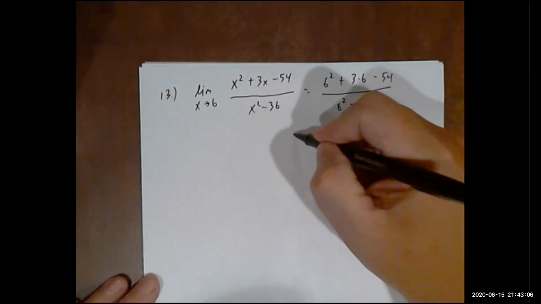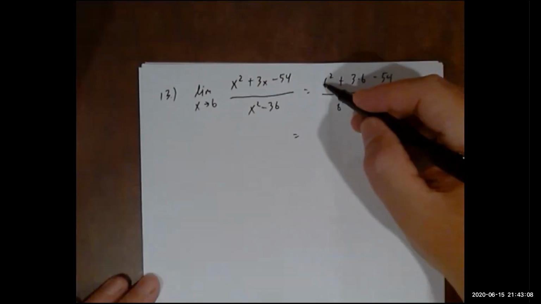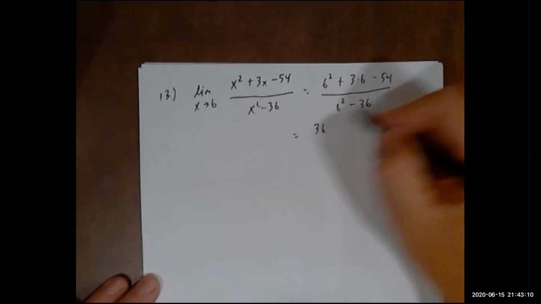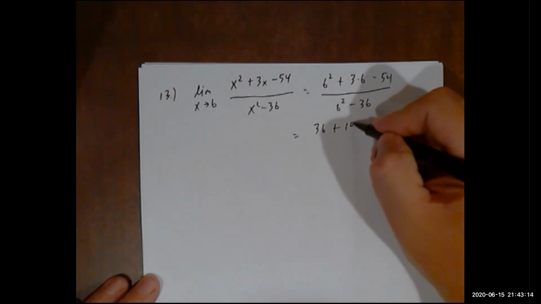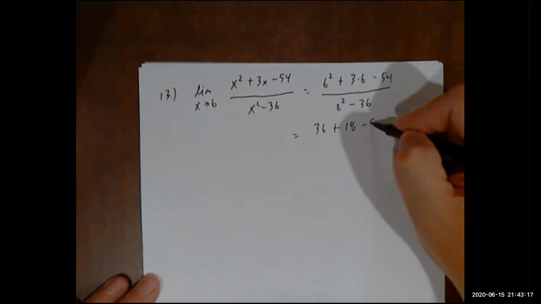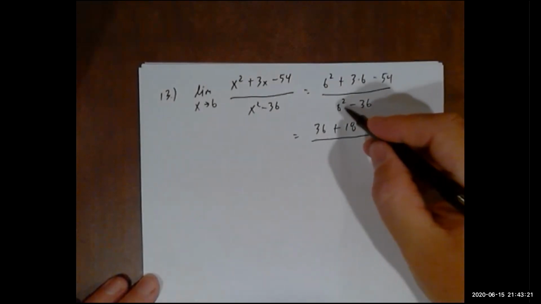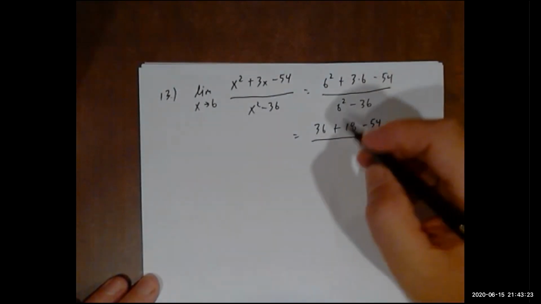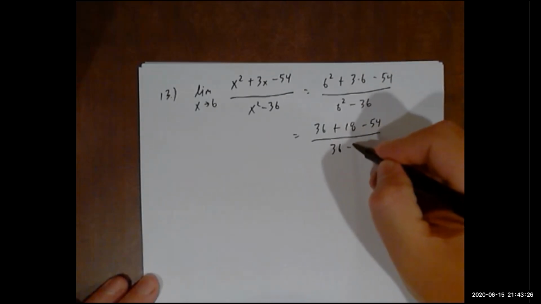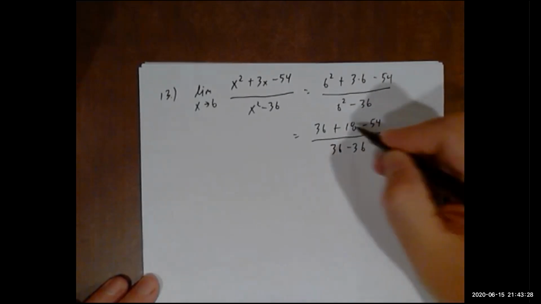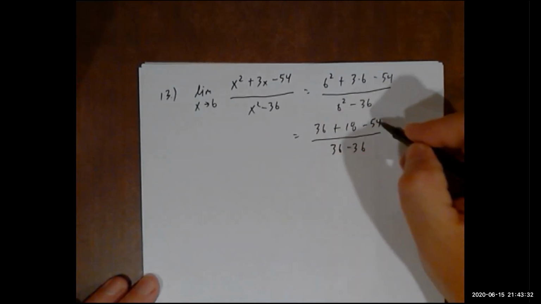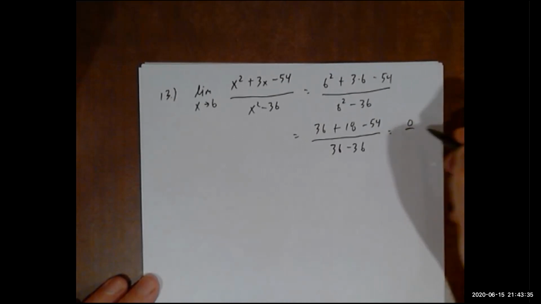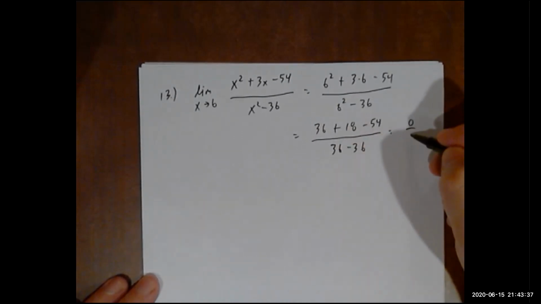If I'm careful with my math and order of operations, 6 squared is 36 plus 18 minus 54 over 6 squared minus 36. 36 minus 36. So you add 36 and 18, which equals 54. Subtract 54, you get 0 on top. 36 minus 36, 0 on the bottom.